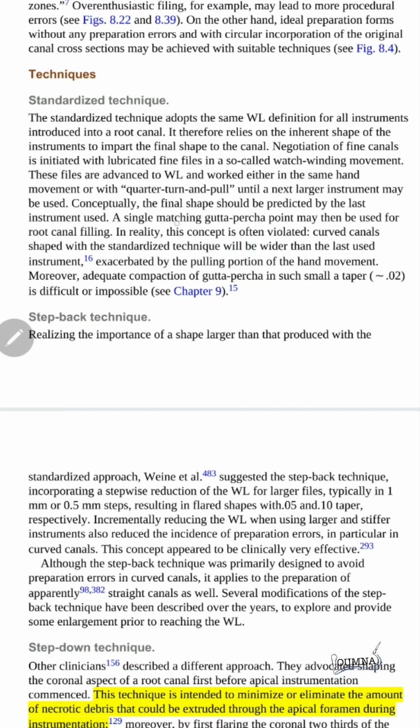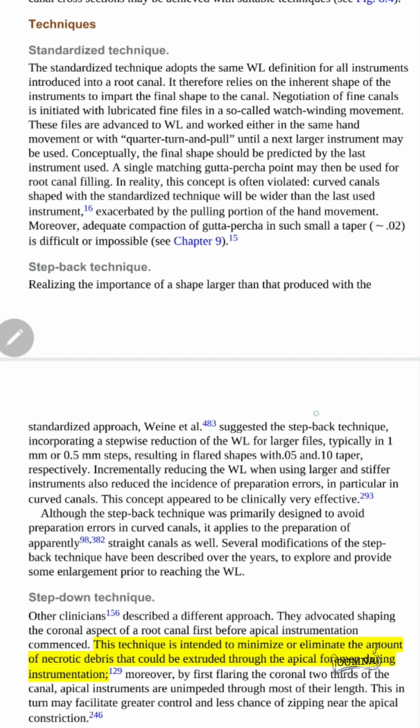For curved canals, this will lead to a non-unified final preparation, and when we obturate the canal, we will see that there is a difference between the last file we used and the master cone that we will use to obturate. It will be smaller.